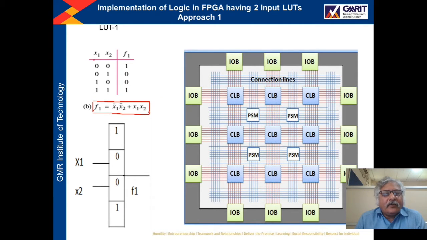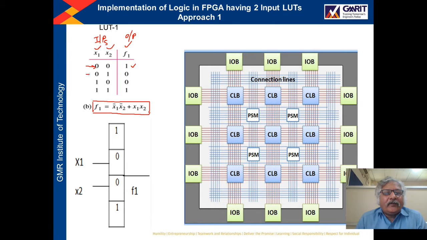So the truth table for this logic is here: x1, x2, these are my inputs, and F1, this is my output. Now as per this expression, if x1 and x2 both are 0 0, then the output will be 1.